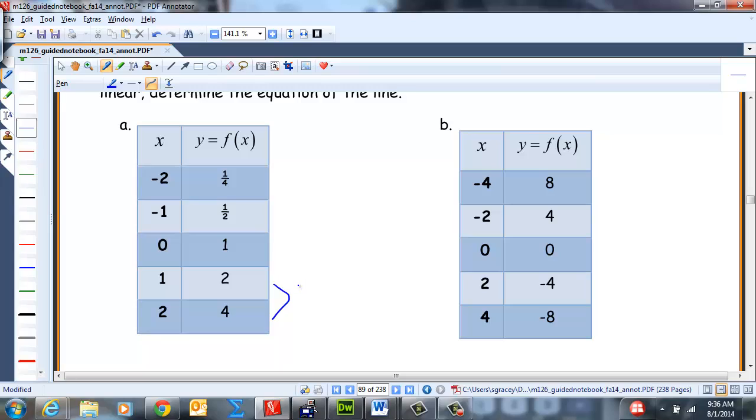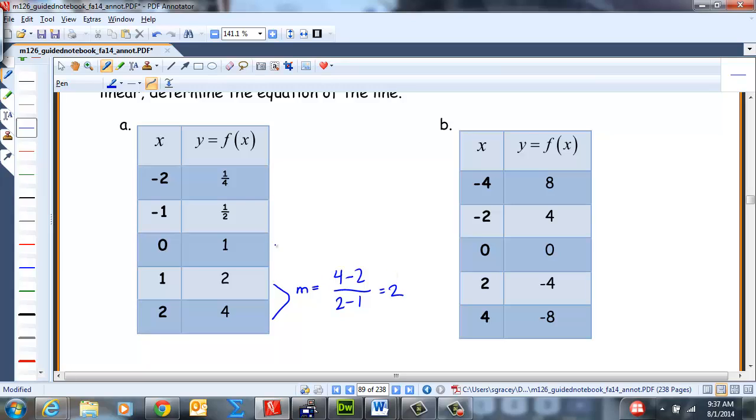So do you see that our slope would be equal to 4 minus 2 divided by 2 minus 1. So I did the difference of the y values over the difference of the x values. So that would give me 2 over 1, which is 2.